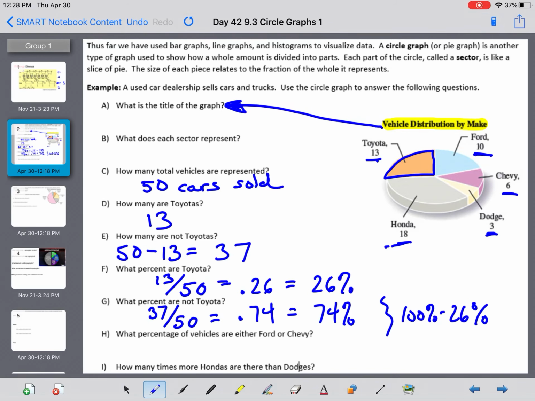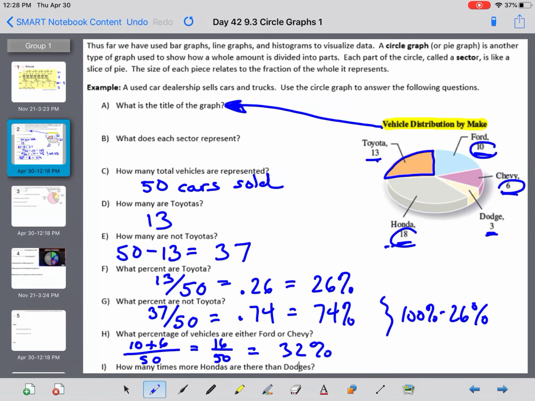What percentage of vehicles are either Ford or Chevy? It looks like we have 10 Fords and 6 Chevys. If I add those two together, that gives me 16. So now I'm looking at 16 out of 50 total vehicles. As a percentage, that would be 32%. And then question I, how many times more Hondas are there than Dodges?